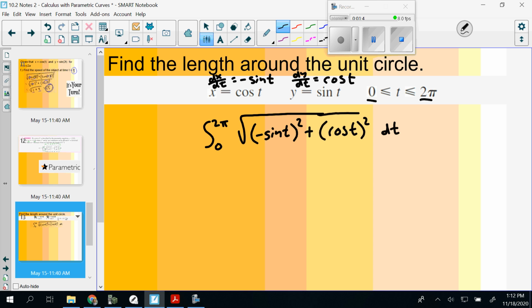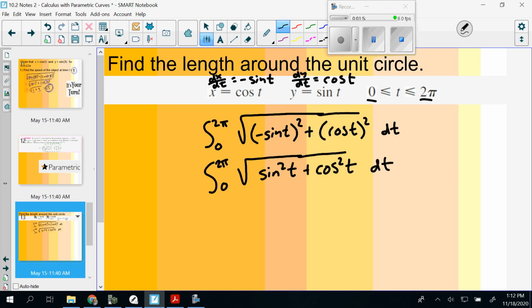So what are we going to get? Well, negative sine of t times negative sine of t is sine squared. Cosine squared is going to be cosine squared dt. And we're still integrating this from 0 to 2 pi.